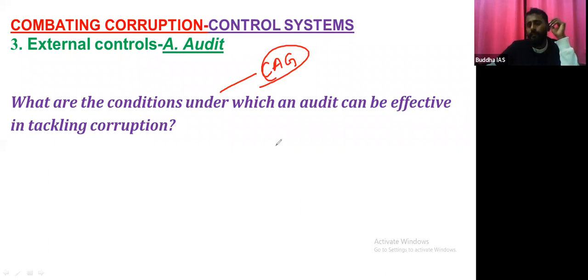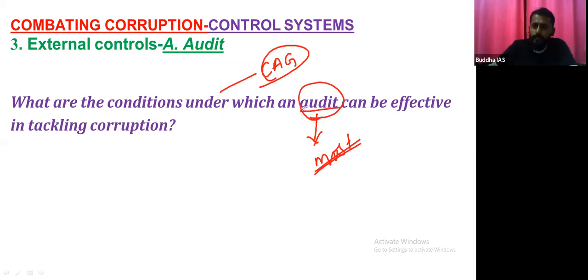Okay. The most important thing which has to be done here is that audit is generally in the form of a post-mortem report. So when will we do the post-mortem? Post-mortem is after a person has died. Similarly, audit is generally done after an act is done, which means corruption has already taken place.